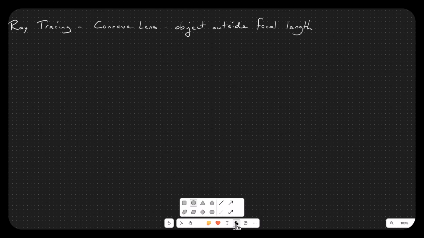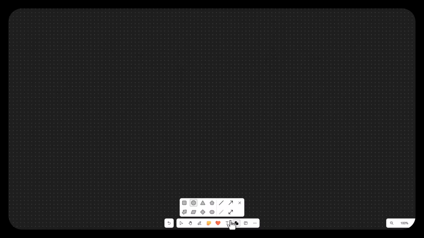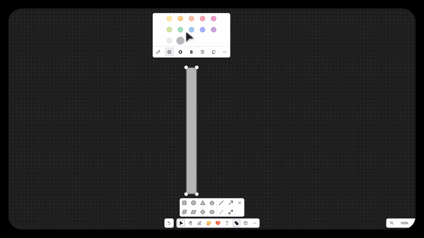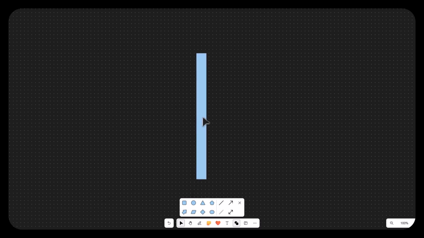Now I don't get a convenient shape for this one, but a concave lens looks like this. I'm going to represent it with a rectangle. So here we go, a concave lens. And we'll keep that in blue to be a lens, and it is as narrow as I can make it.